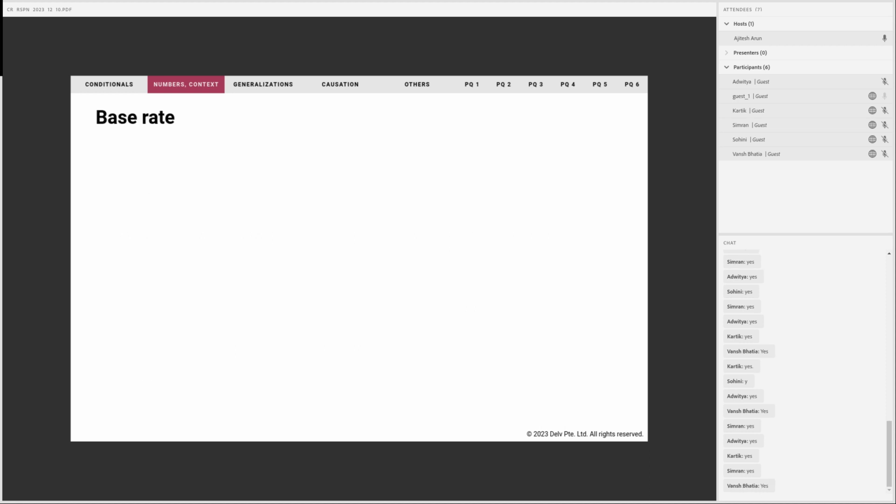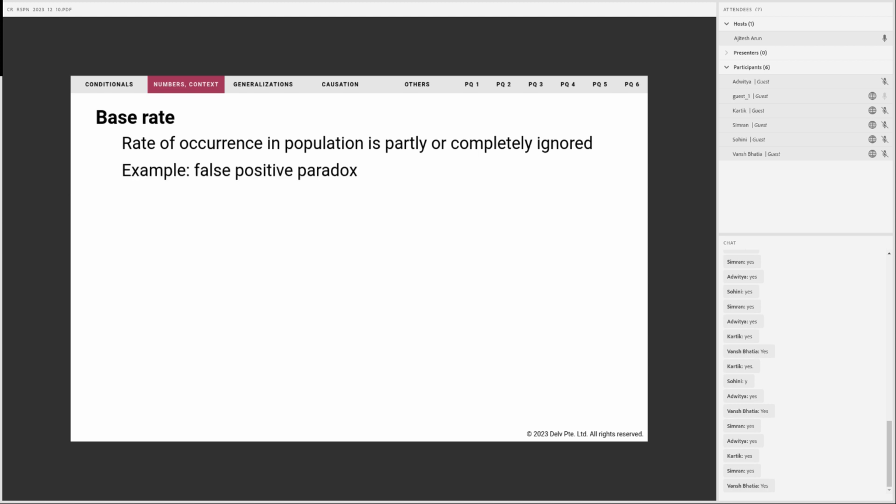Okay, now the next one we're going to talk about is base rate. If you think about a particular situation, there may be other statistics or other pieces of information that could change the way you look at this particular individual case. We're going to take an example to understand this, and I'll tell you why I'm taking this particular example.